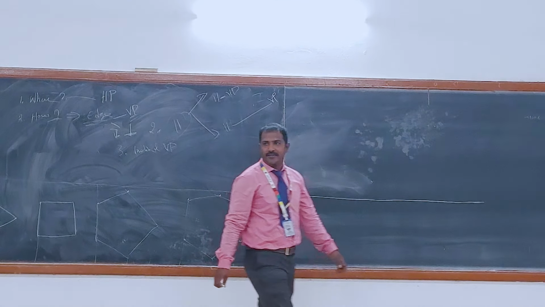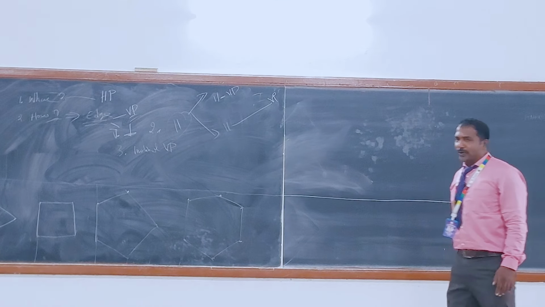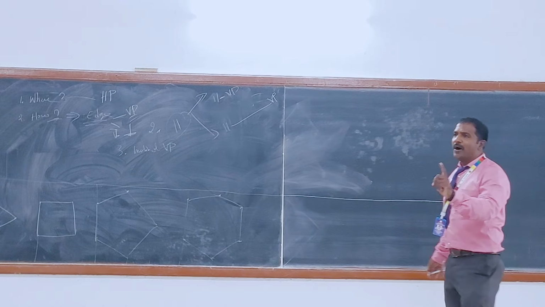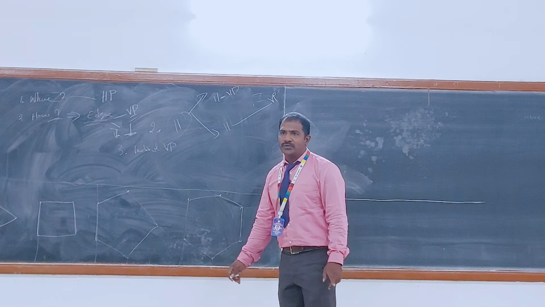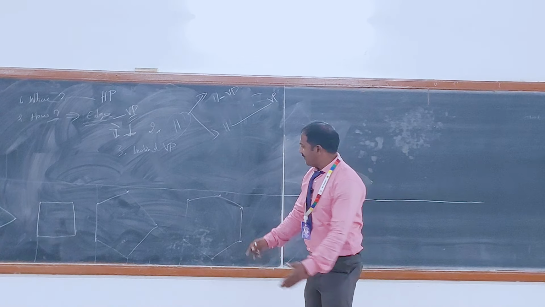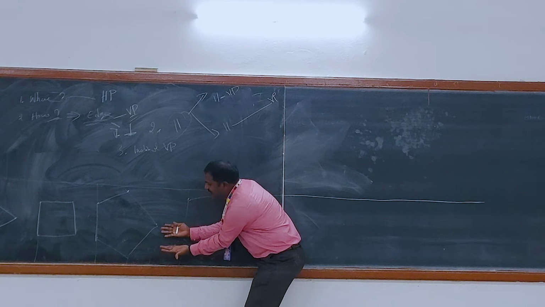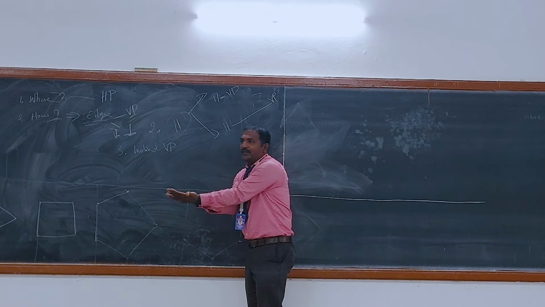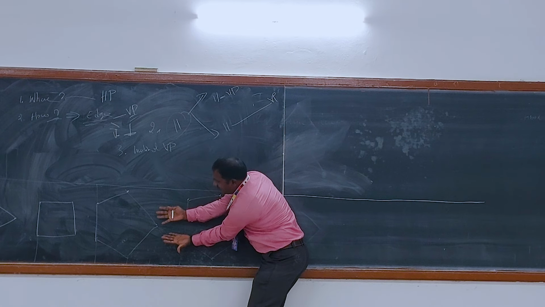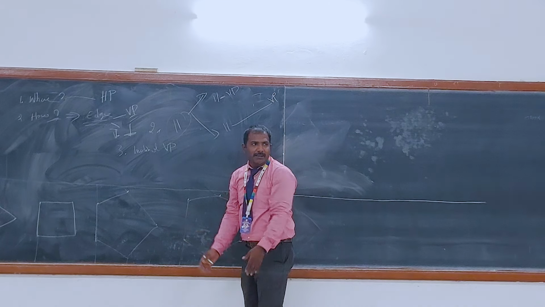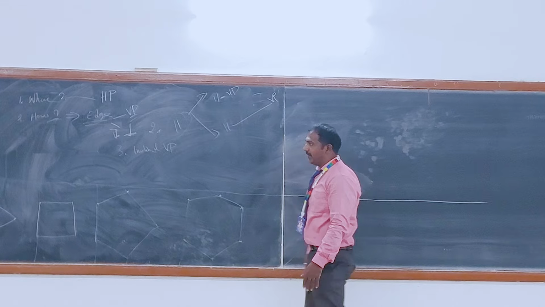Hexagon. Do you have any doubts here? All perpendicular to VP. One of its base is perpendicular to VP. This is the horizontal plane. Just make it horizontal. You will be getting perpendicular to VP.